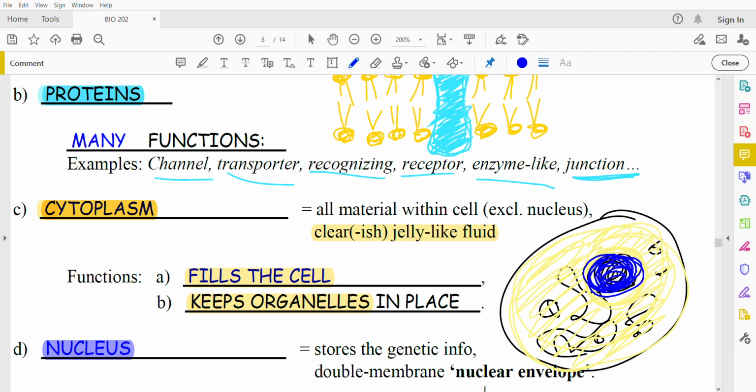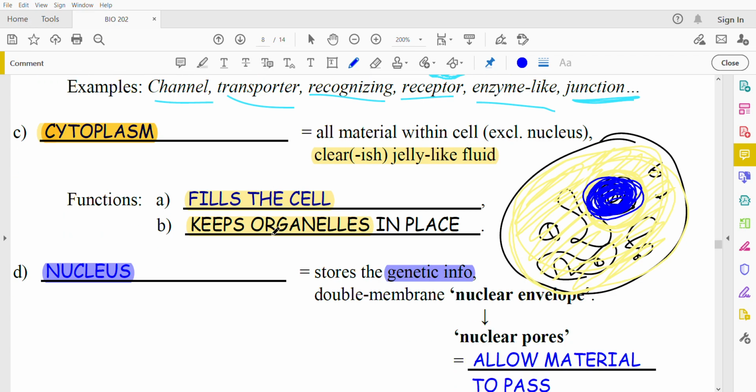That's the dark blob inside the cell. And that's where the genetic material of the individual is stored. So DNA is within the nucleus. So that's also something to remember.